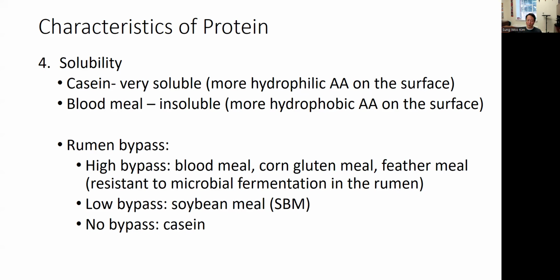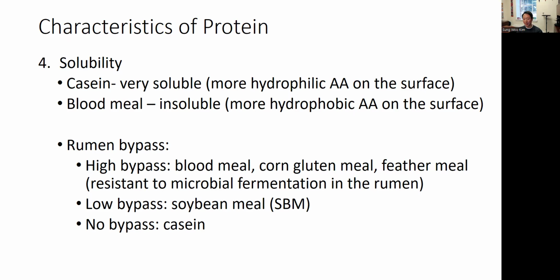The popular bypass proteins include blood meal, corn gluten meal, and feather meal. Those are resistant to microbial fermentation in the rumen and reticulum, which also means insoluble. Okay? Soybean meal, the protein in soybean meal is relatively soluble, but if you heat soybean meal, heat-damaged soybean meal becomes relatively insoluble, so you can increase the percent of bypass.